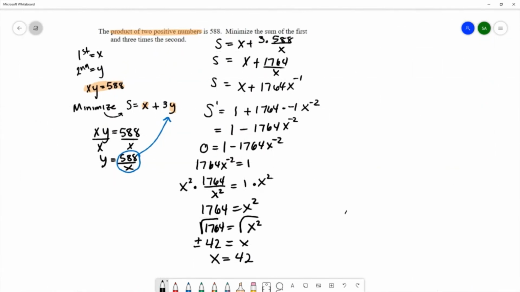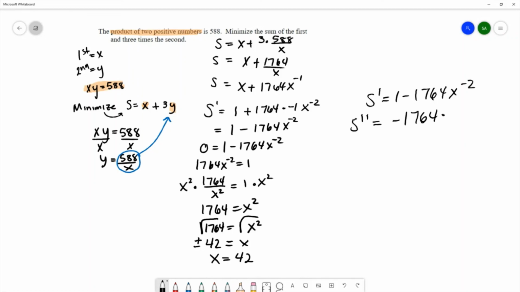And we want to verify that this 42 is actually a minimum value by calculating the second derivative. So our first derivative was 1 minus 1,764 x to the negative 2. I'll calculate the second derivative to be negative 1,764.